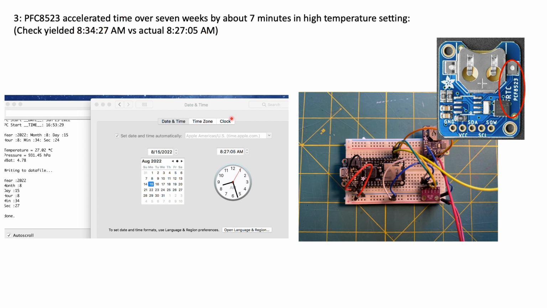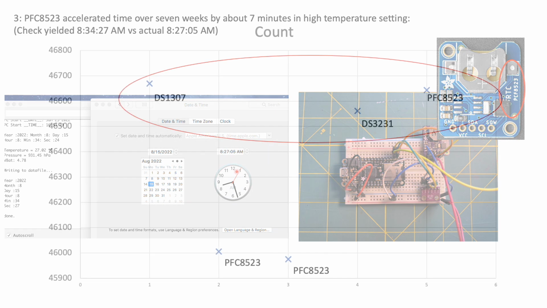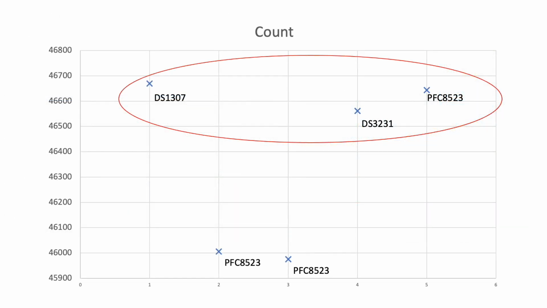Again, I think this points to what I mentioned earlier in the video about this being a recognized issue with this particular RTC, in that temperature can have an impact on its time tracking qualities, and that can be fixed by modifying some of those parameters that are available in the RTC library for that particular chip. And then we've got these three chips that actually reported fairly close to one another. They weren't identical, but they were fairly close.